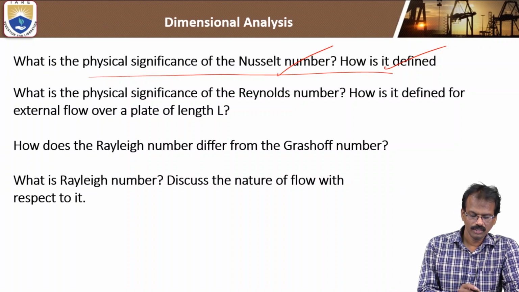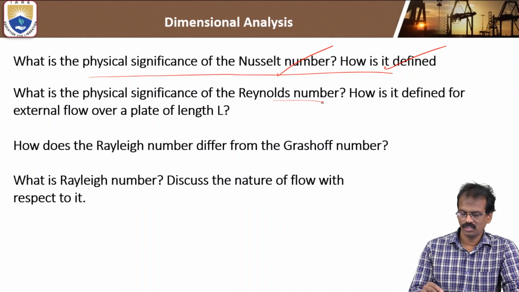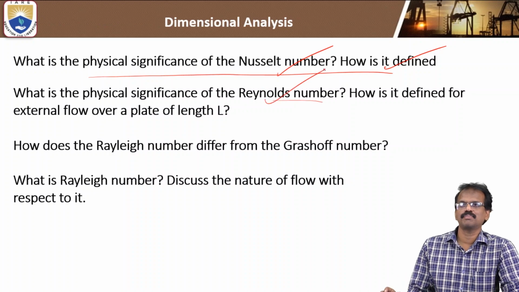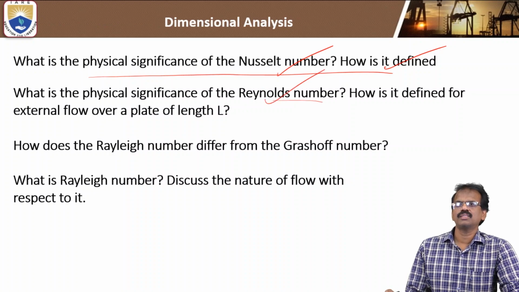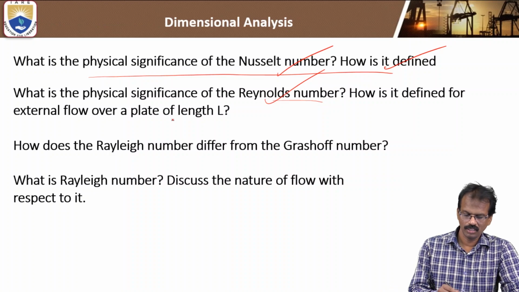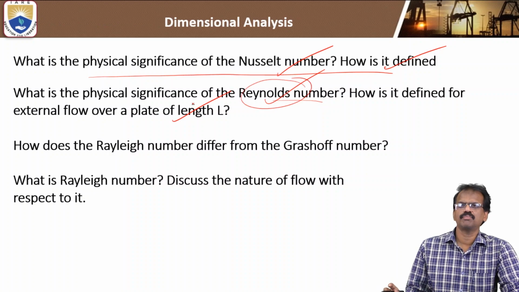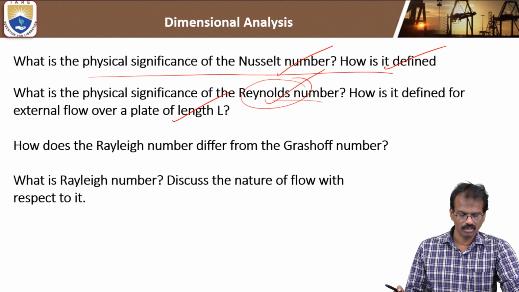One more question: what is the physical significance of the Reynolds number? The Reynolds number is also a dimensionless number. How is it defined for external flow over a plate of length L? Based upon the Reynolds number, we can identify whether the flow is laminar or turbulent.